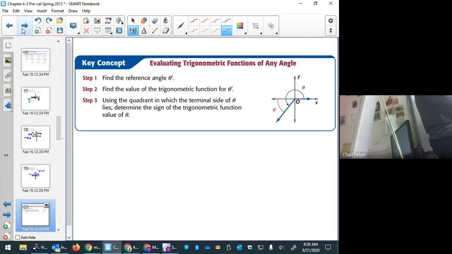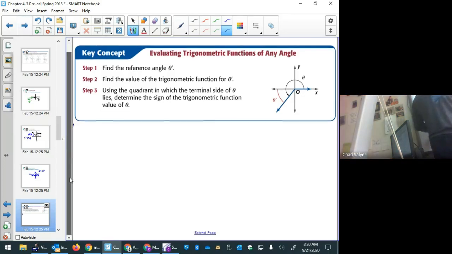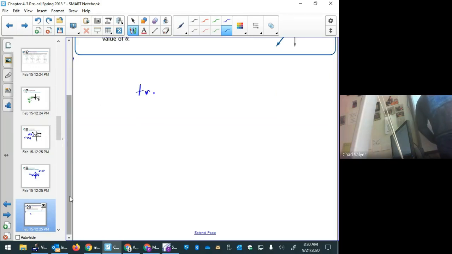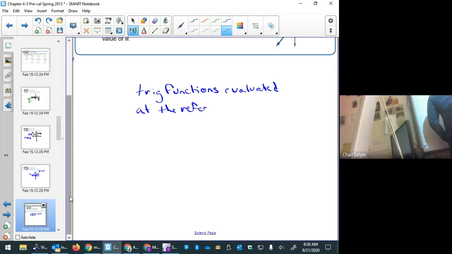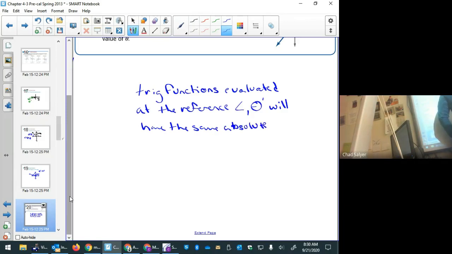So, trig functions of any angle. It's important for you to note that the reference angle will have the same absolute value as the original angle when plugged into any trig function. So if I plug the reference angle in, so if I plug in theta prime, it's going to have the same absolute value as theta.